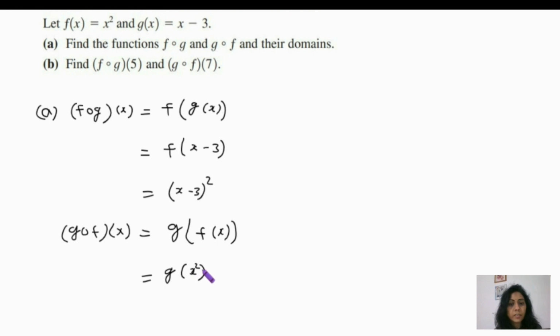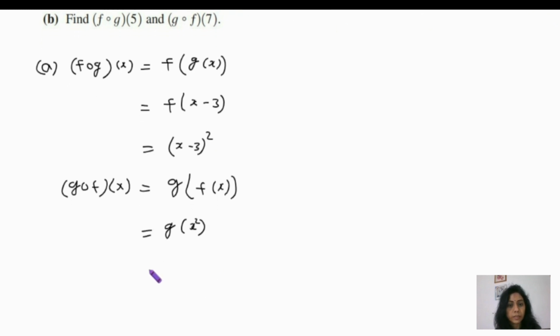So here g(x square), x converts into x square, so we can write x square minus 3. Now can you see (f o g)(x) and (g o f)(x) are not equal?